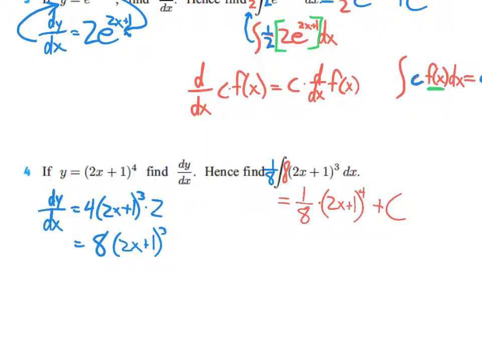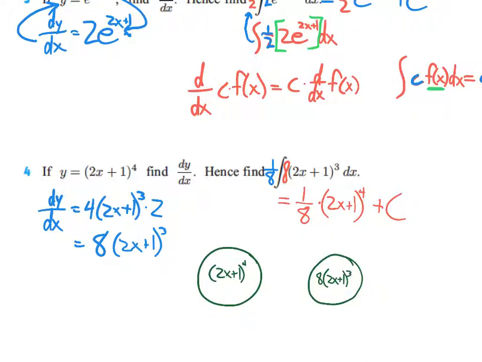And again, you can see this as an inverse relationship here. Here we have (2x plus 1) to the fourth. Here we have 8 times (2x plus 1) to the third.